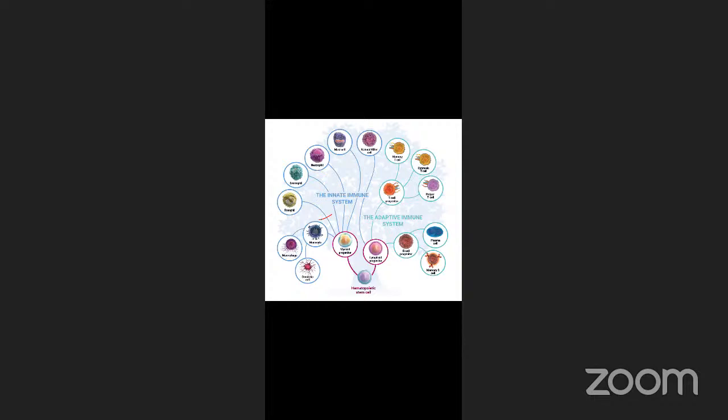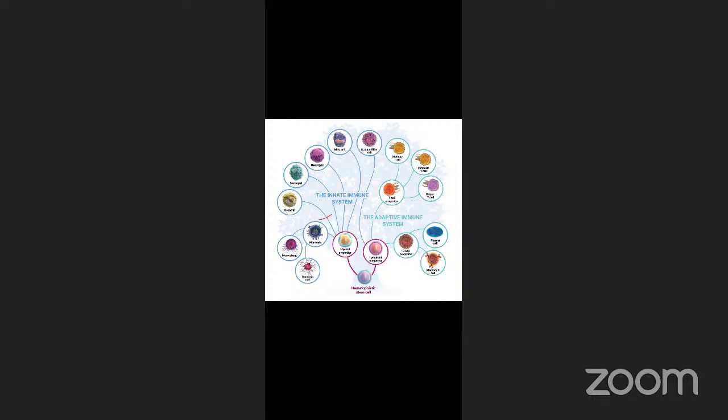In this way, it eliminates the infection, especially viral infection. It binds with the MHC molecule 1 by the CD8 molecule. Virally infected cells can be eliminated or killed by the TC cells by cell-mediated immunity.